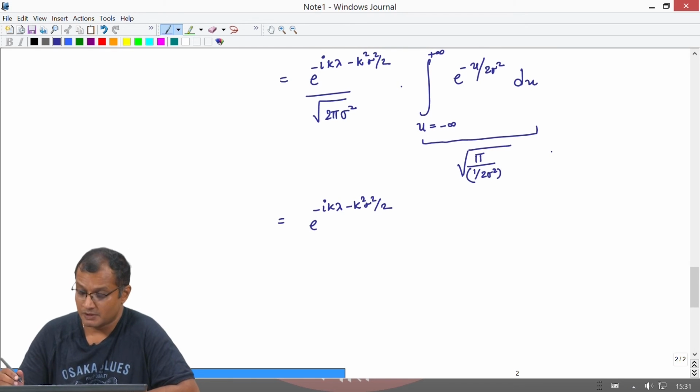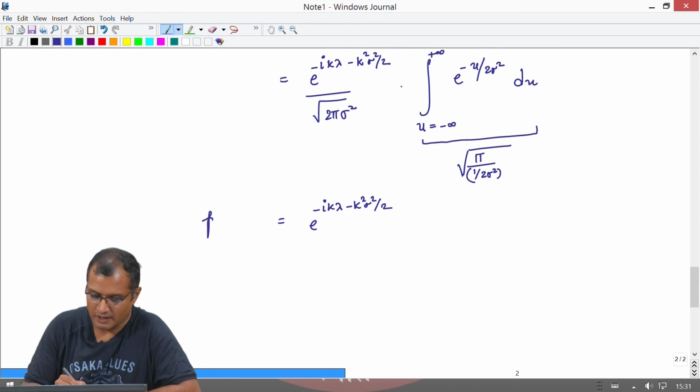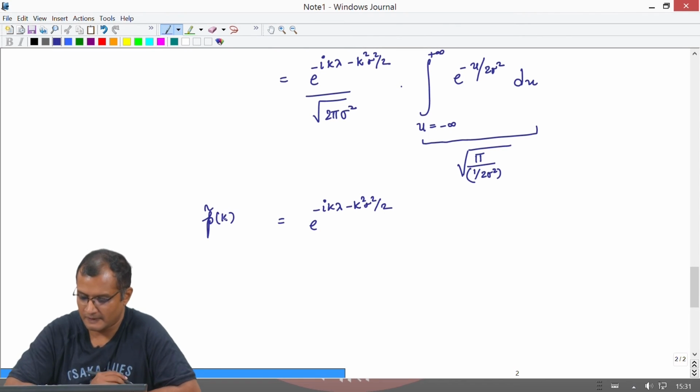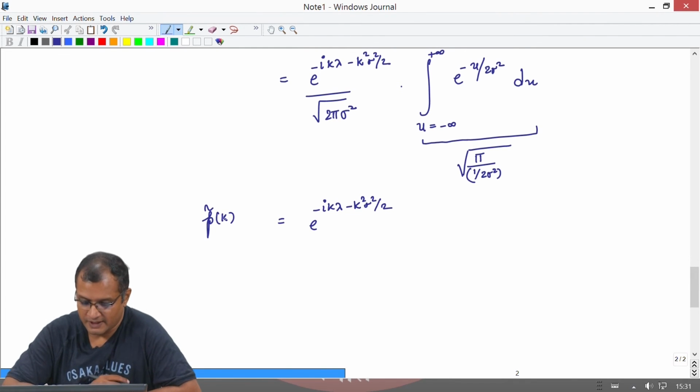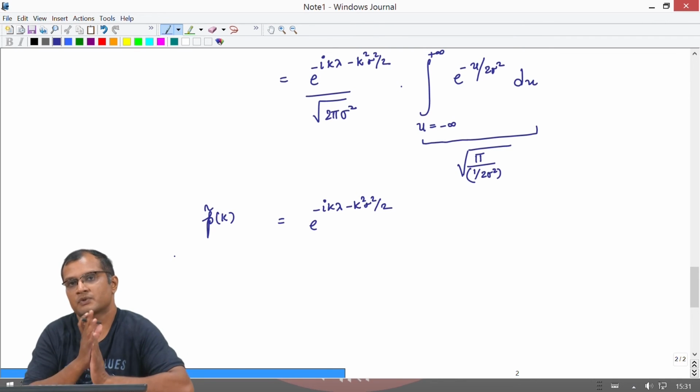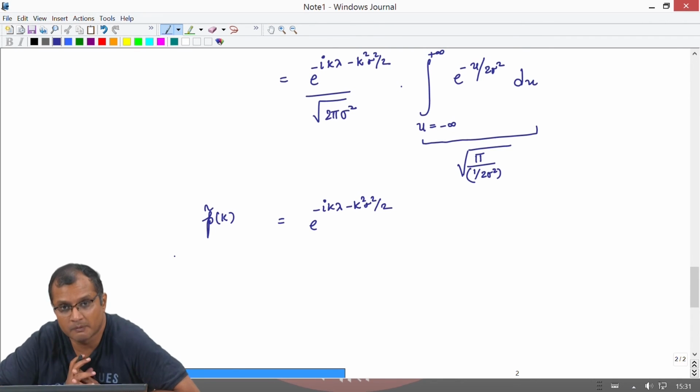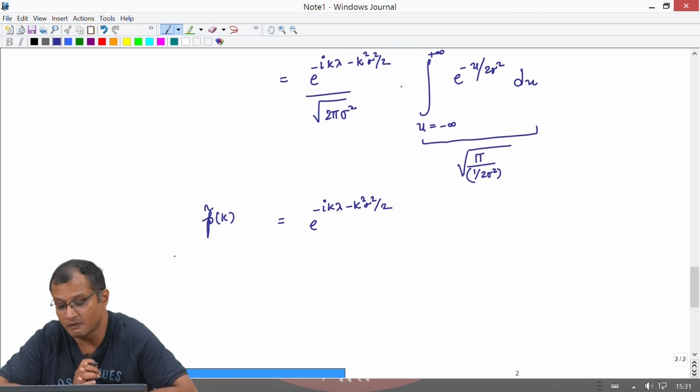Okay. So, fine. So, then this is the characteristic function corresponding to the Gaussian distribution. Now, you can see very easily that, as I said in the beginning, the Gaussian distribution is the only distribution that is completely specified by its first two cumulants, and here we see why.